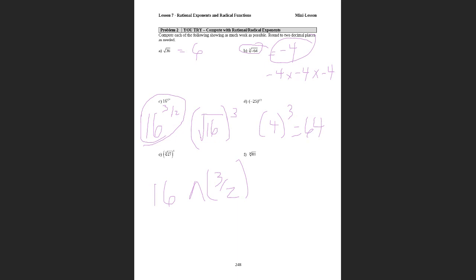Now, what about E? So E, we have 27. Remember, we've got a cube root, or a third root. So we have 27 to the power 4/3. You could put this in a calculator like that.